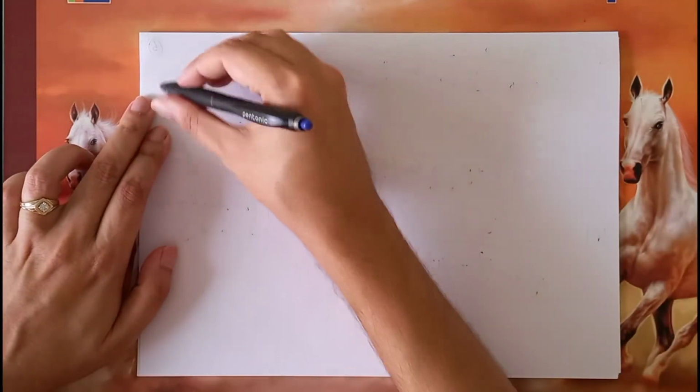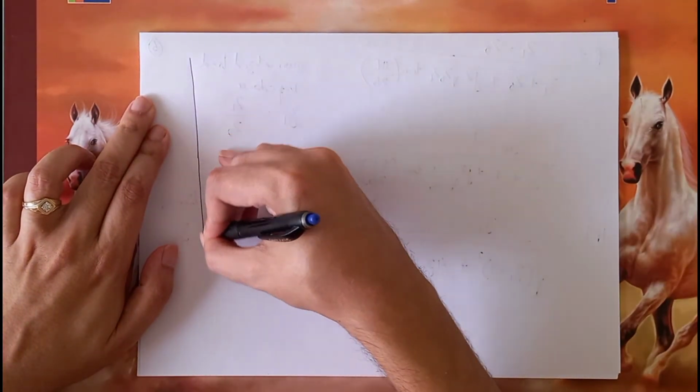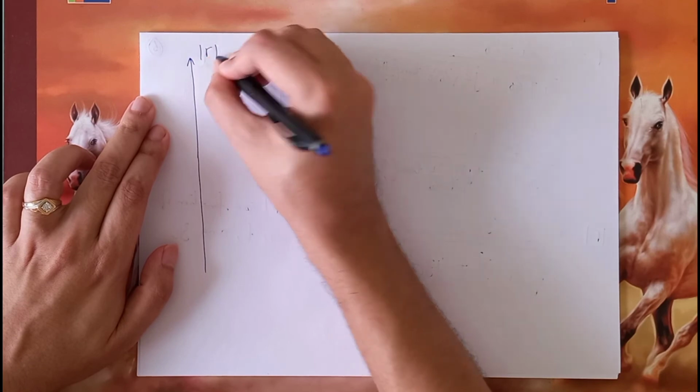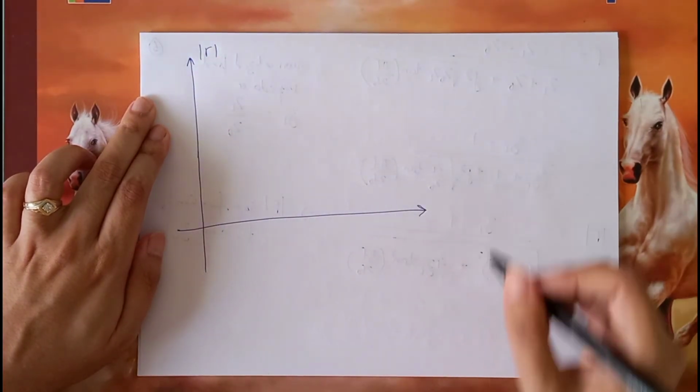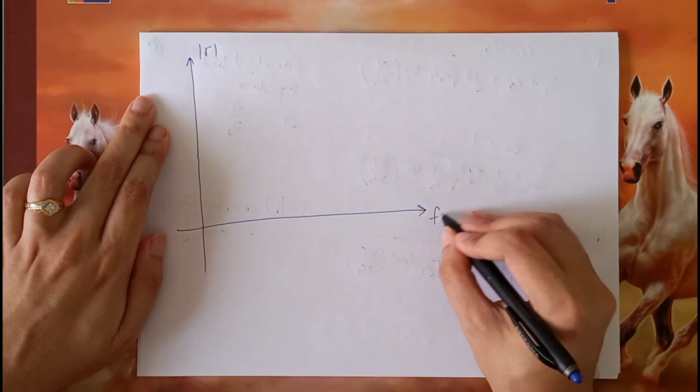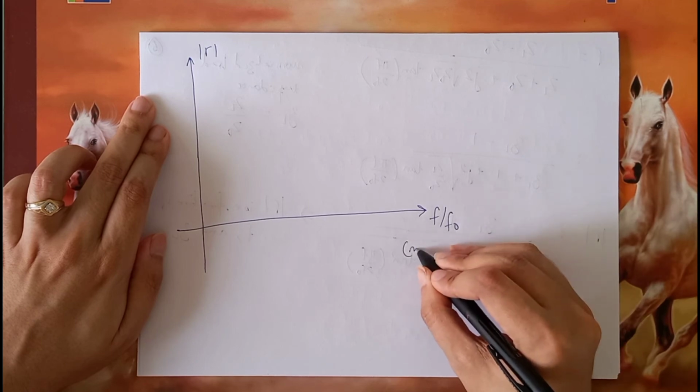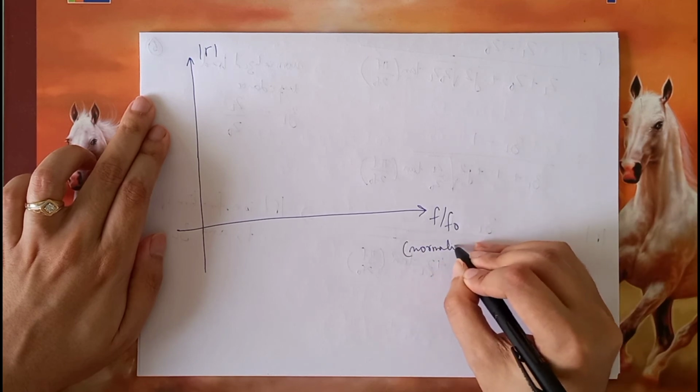Let us draw a plot of mod gamma as a function of f by f0. This is called normalized frequency.